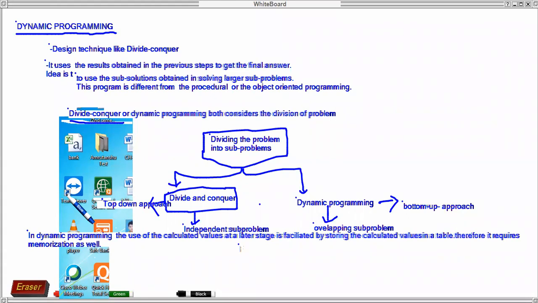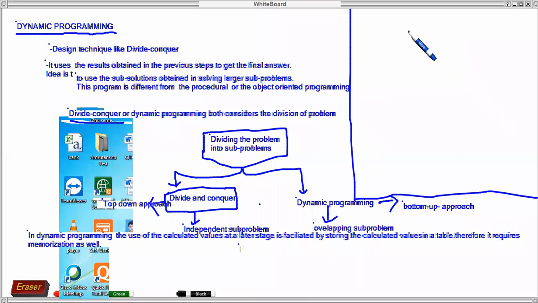So how do we implement the dynamic approach? Generally, the development of a dynamic programming problem requires the following steps.